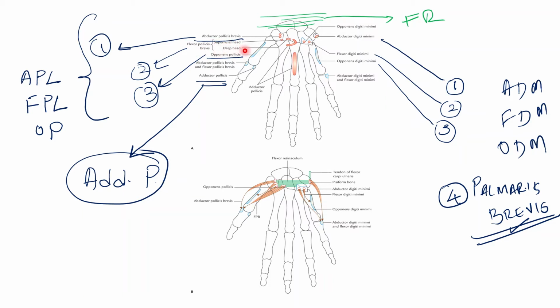The superficial head takes its origin from the flexor retinaculum as well as the trapezium bone, which is present along the lateral side. Whereas the deep head takes its origin from the trapezoid bone.